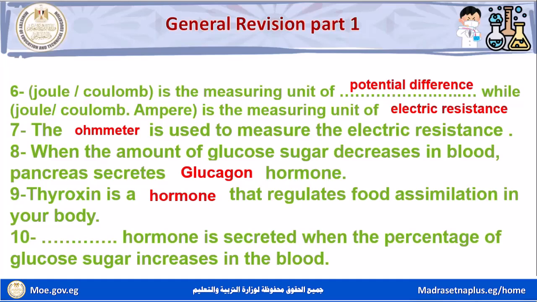Okay, when the amount of glucose sugar decreases in blood, the pancreas secretes glucagon hormone. Okay, while space hormone is secreted when the percentage of glucose sugar increases in the blood. Insulin hormone is secreted when the percentage of glucose sugar increases in the blood.